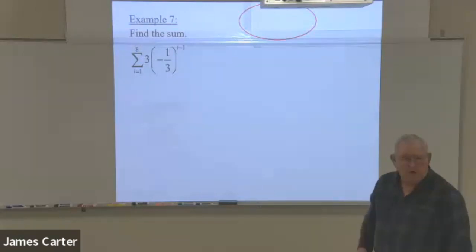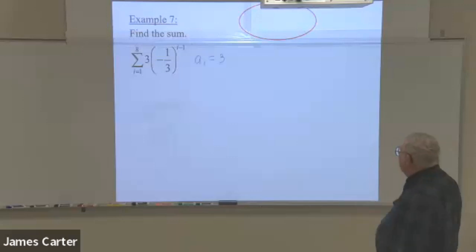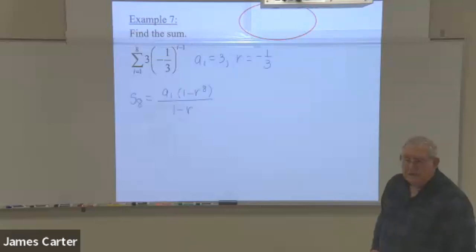That sounds like an awful lot of work, and then add those 7 steps together. Well, how about instead using the summation formula?